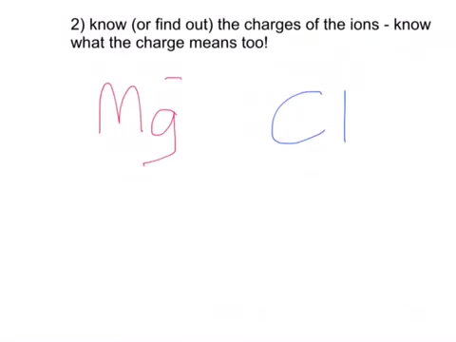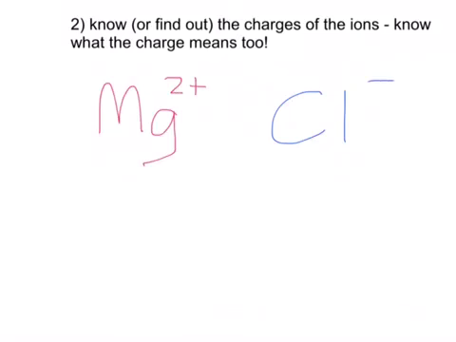So either using the tables or the dot and cross diagrams, we can see that magnesium is a 2+ ion, and what that means is that it has 2 electrons in the outer valence shell, and it's not very stable like that, so it loses those 2 negative electrons, and therefore its overall charge becomes 2 positive.